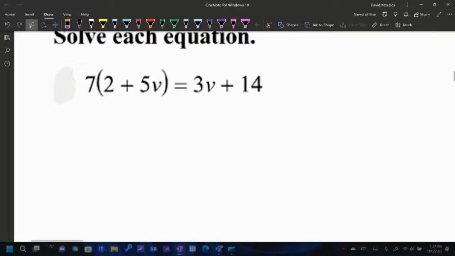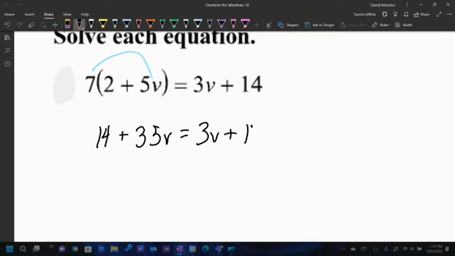So we're going to simplify both sides. 7 times 2 is 14. 7 times 5v is 35v, equals 3v plus 14.